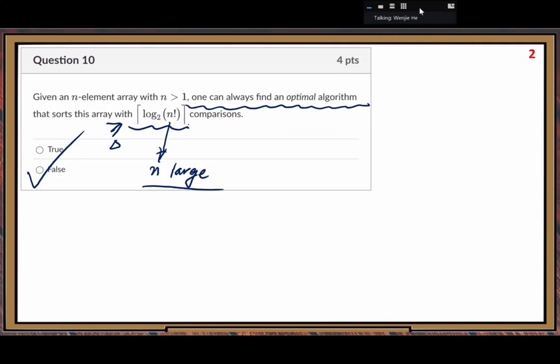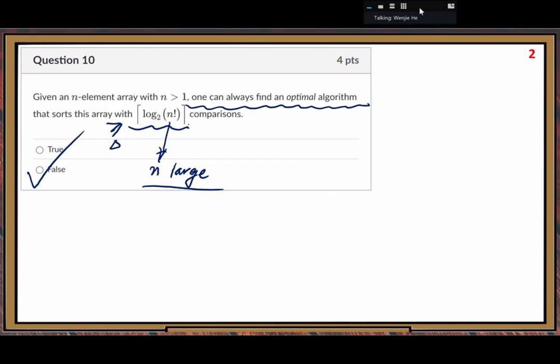The second one, another thing is, even if one can find an optimal algorithm, even if one can find, that optimal algorithm's number could be greater than this one. We only say greater or equal, but it's not guaranteed, right?